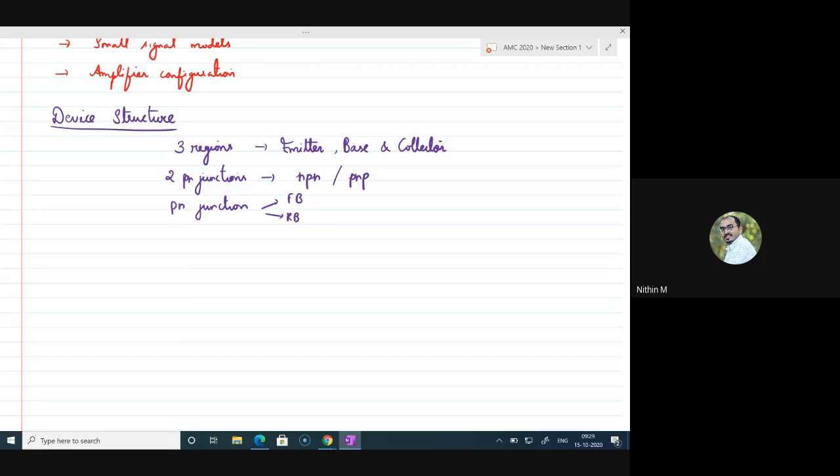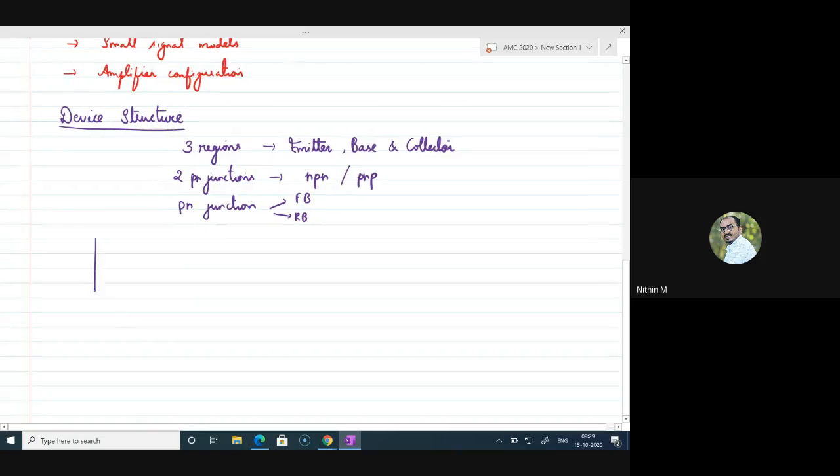So let me draw the structure first. This is the structure where we partition it into three. This region we call emitter, this is called base, this is called collector. Now we will take terminals from all the three regions.